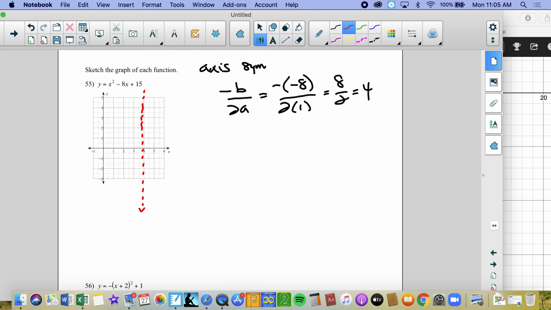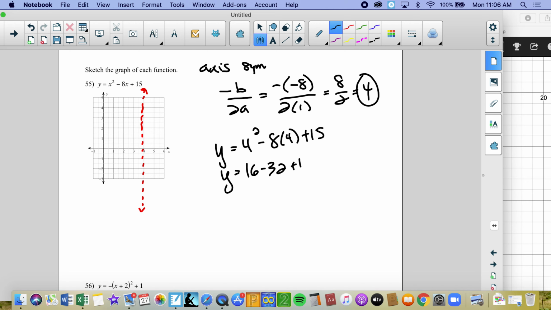is here. My vertex also lies on the axis of symmetry, so I'm going to take this value and plug it in for x, and that'll give me my y coordinate. So my point for my vertex is my x value and my y value.